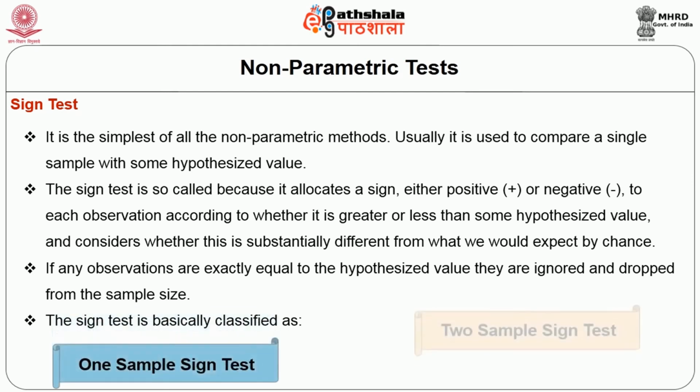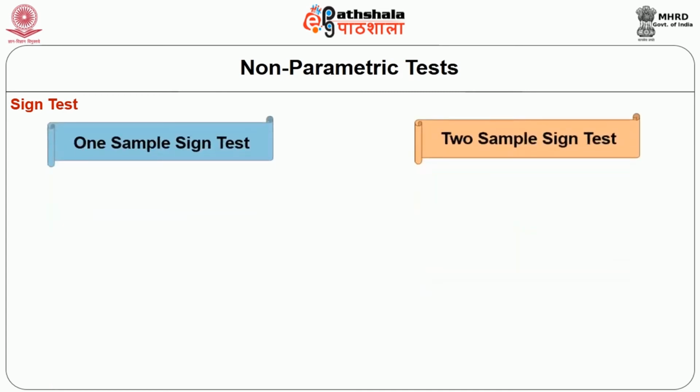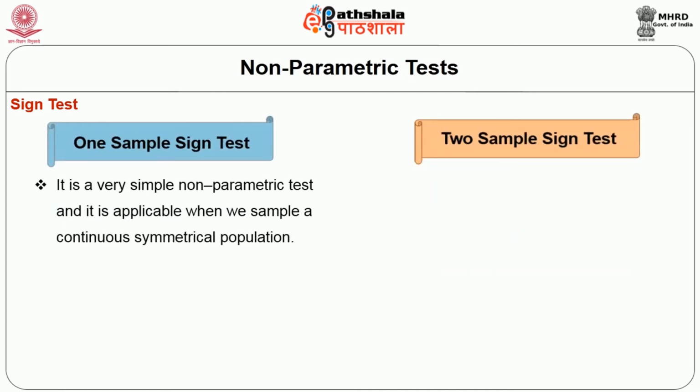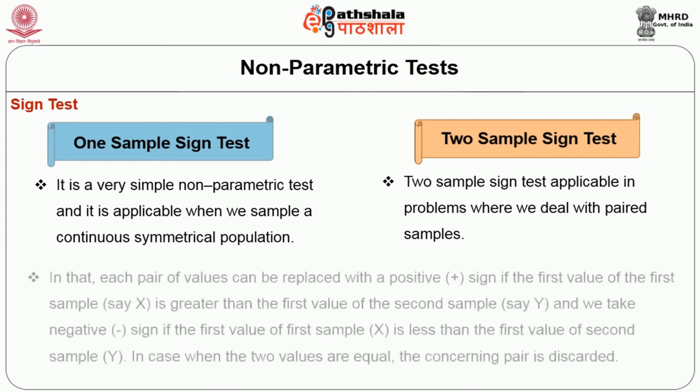The sign test is basically classified as the one sample sign test and the two sample sign test. The one sample sign test is a very simple non-parametric test and is applicable when we sample a continuous symmetrical population. On the other hand, the two sample sign test is applicable in problems where we deal with paired samples.